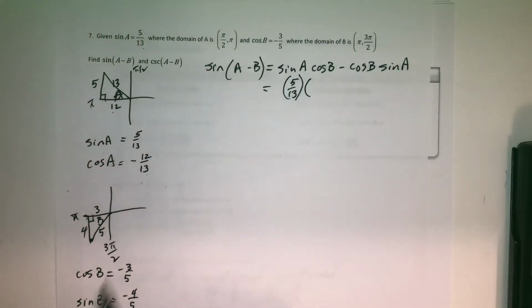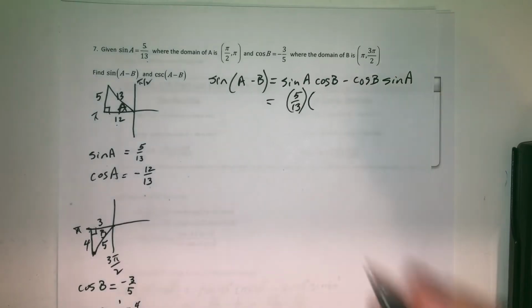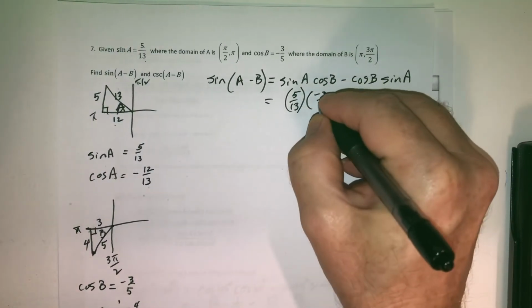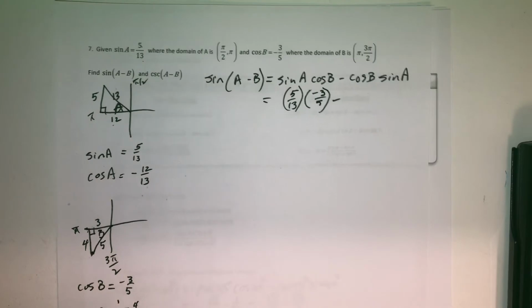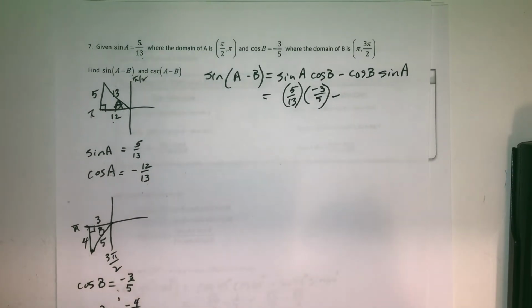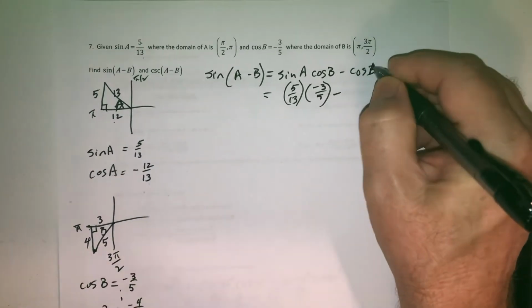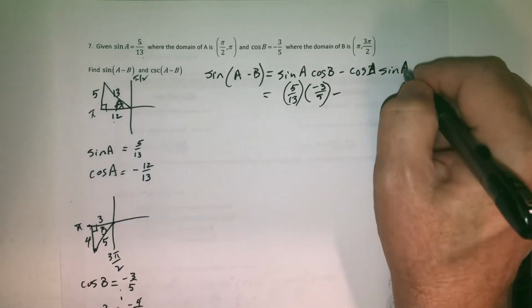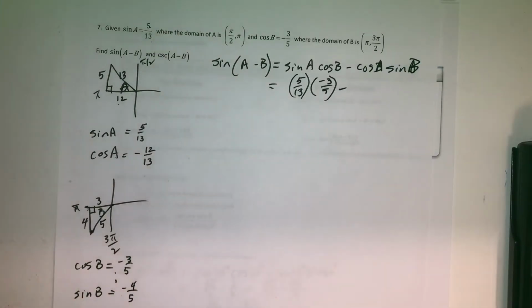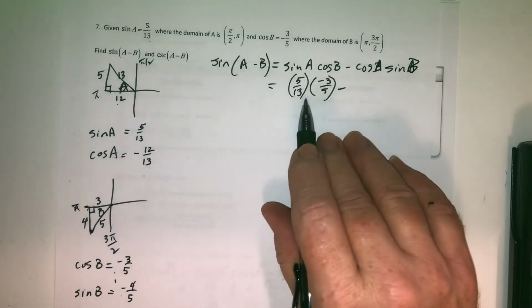The cosine of beta is negative 3/5, minus the cosine of beta is, whoa, hold on. Cosine of beta is still negative 3/5. This should be cosine of alpha, my fault. Cosine of alpha, and this should be beta, my fault. I wrote down the wrong identity, I apologize. Okay, all right, moving on.